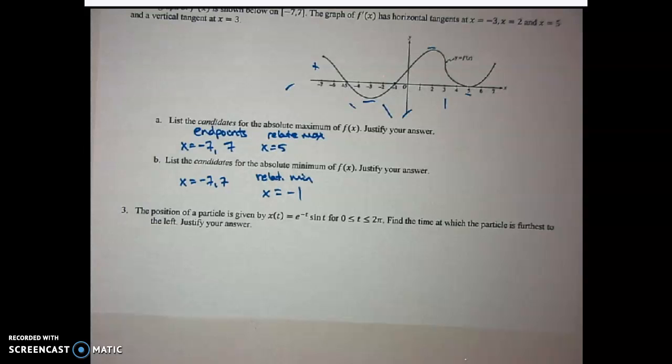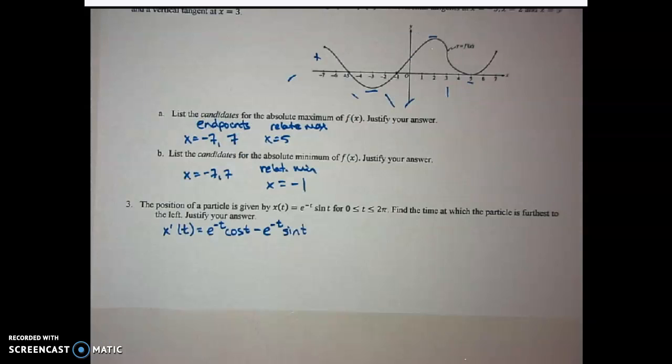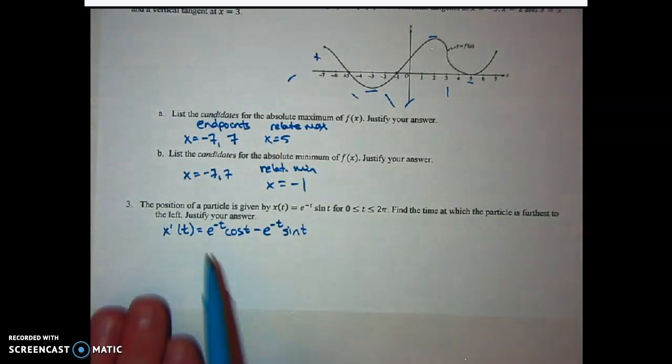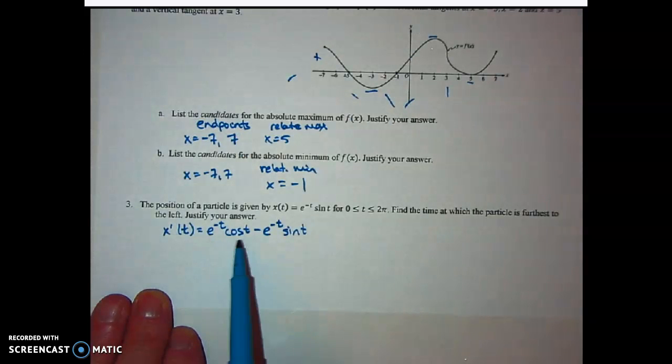We need to find where the first derivative is equal to 0. So let's find the first derivative. Go ahead and pause the video to do that. And reminder that you're going to have to use the product rule as well as, within that product rule, the chain rule. So we did our 1 prime 2, so the derivative of sine is cosine.